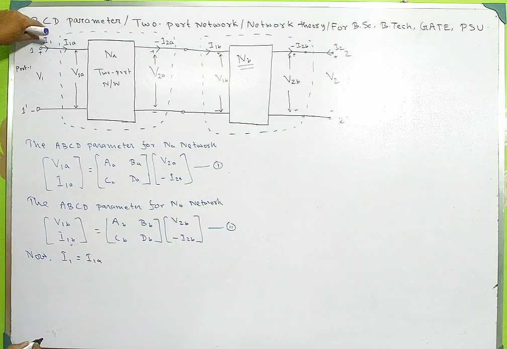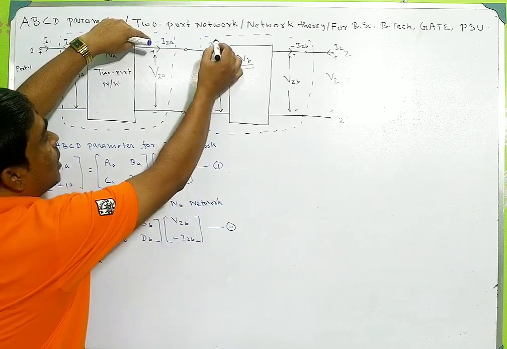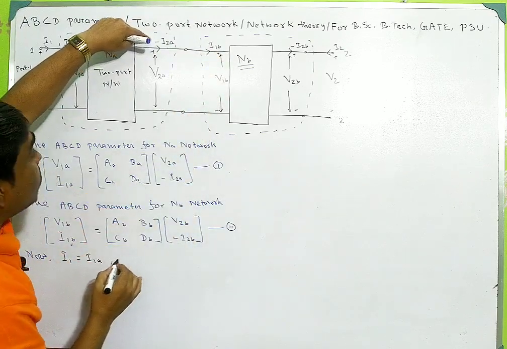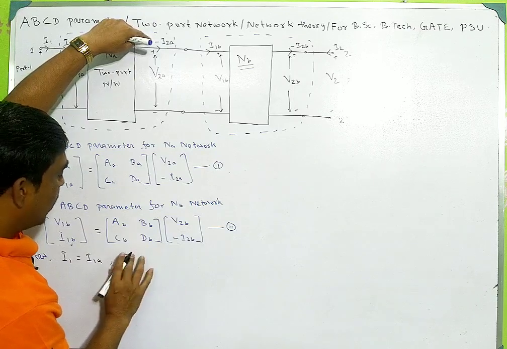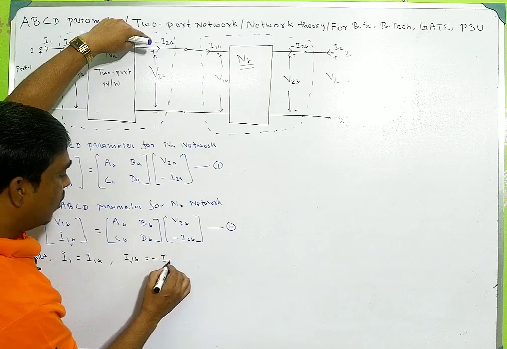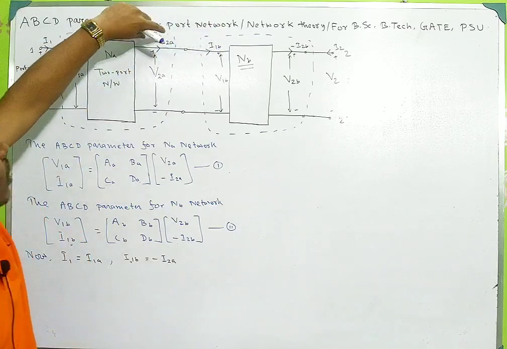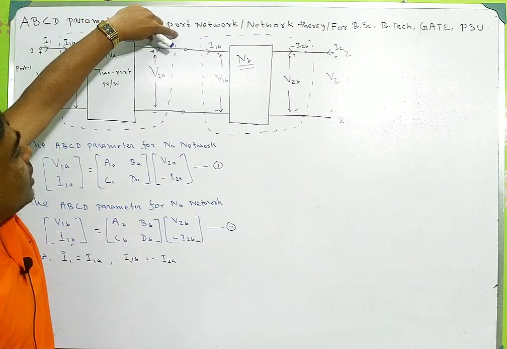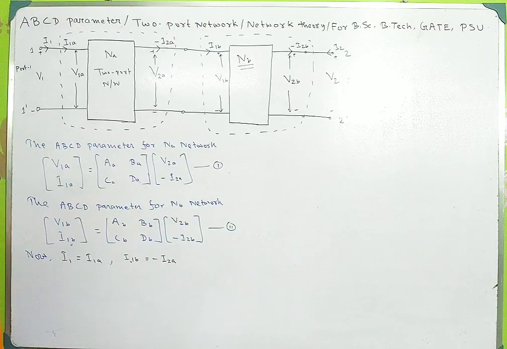So that's why we can write that I1 is given by I1A. Here you see, these are the two currents. So from this you can write that I1B can be written as minus of I2A. This current and this current must be equal. So minus of I2A is equal to I1B.